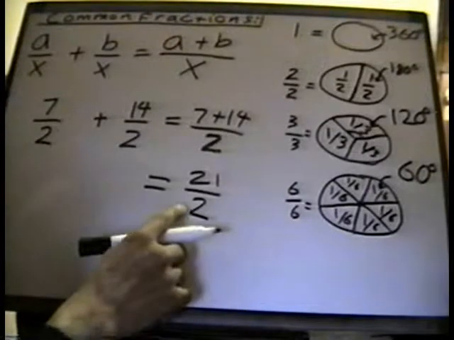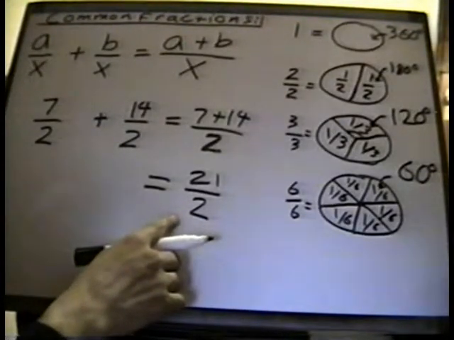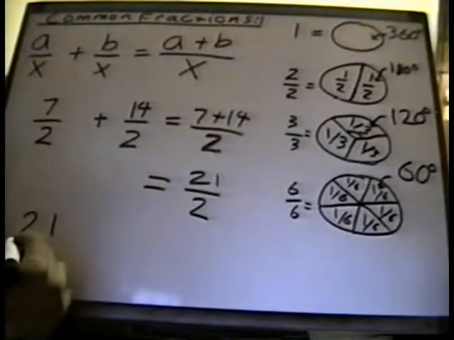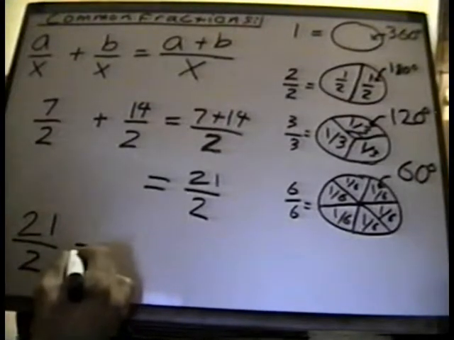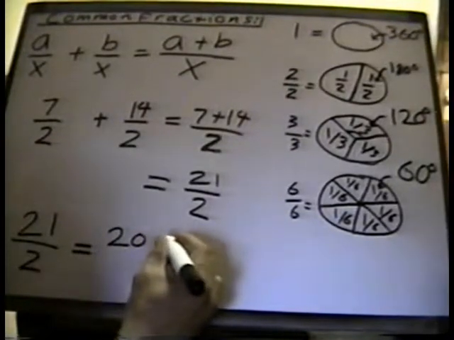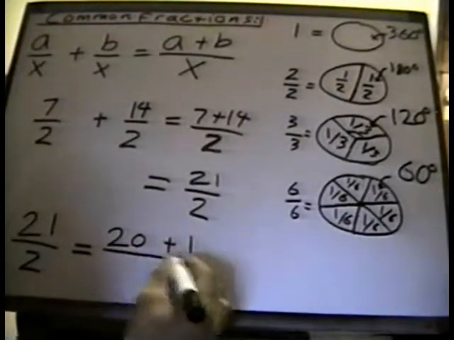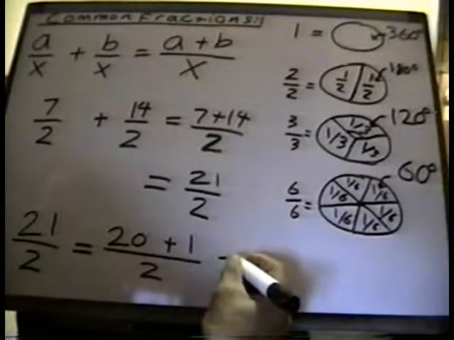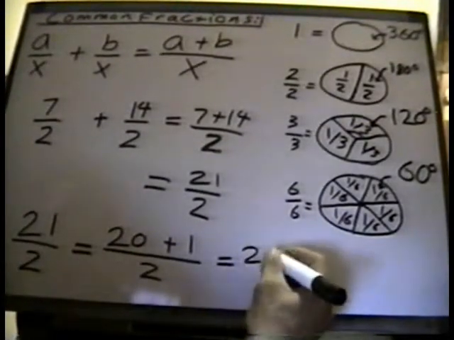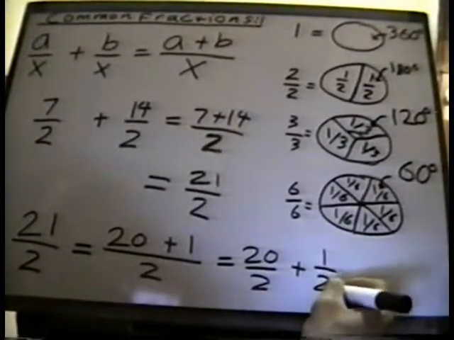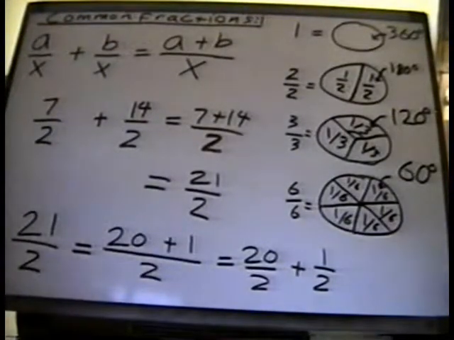Now this is an improper fraction. So we say 21 over 2 equals 20 plus 1 over 2. Okay? 20 plus 1 over 2. So that gives us 20 over 2 plus 1 over 2.